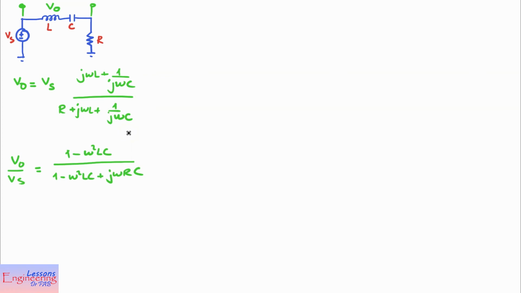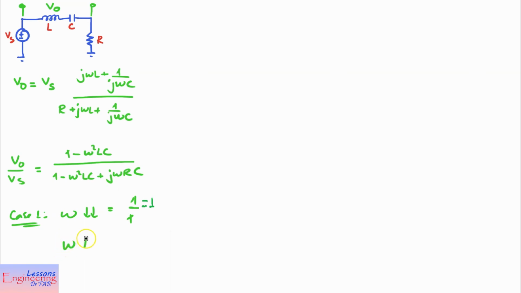Now the same way we consider two cases. Case 1 is where we have low frequency. What we have are squared values of omega, but those will be very low. So as a result, again we'll have 1 over 1, which is 1.